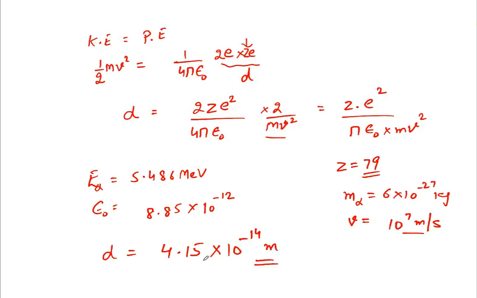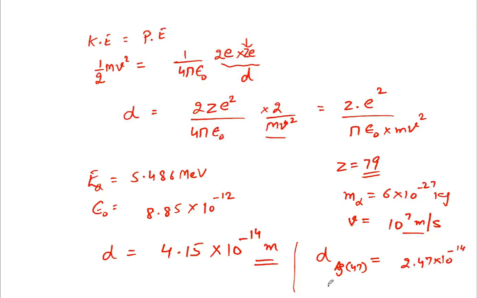Rutherford then changed his target and did alpha interaction with silver atoms, and then with copper atoms. Silver, Ag, has atomic number 47, and this comes out to be 2.47 into 10 to the power minus 14.